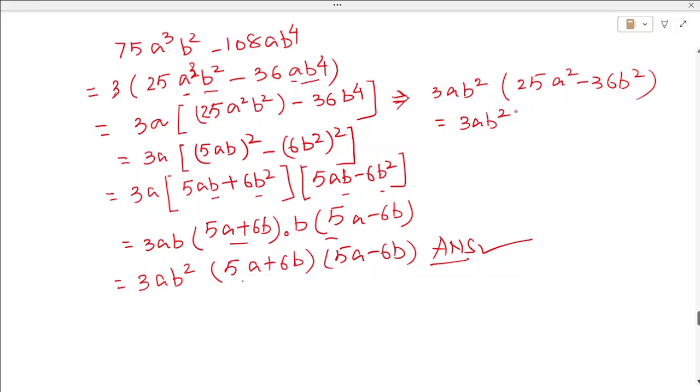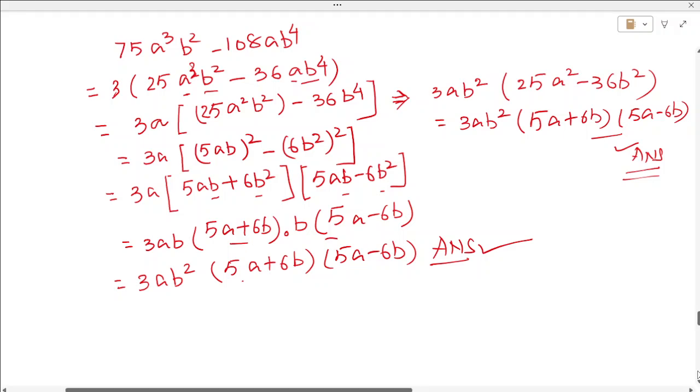It is square of 5, so I am writing directly (5a plus 6b)(5a minus 6b), correct? This is the answer. Very short step. So first of all, get understanding of the things by making the things simple, and then after mastering the things, you can do it any way you like.